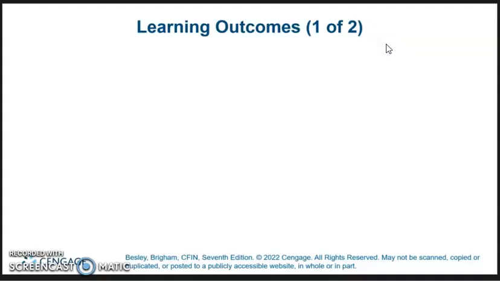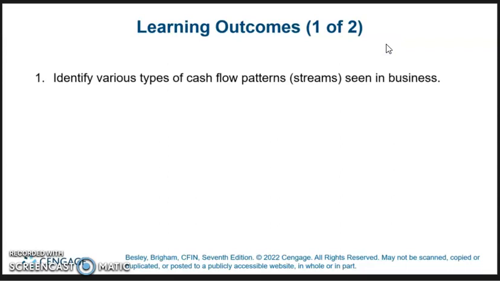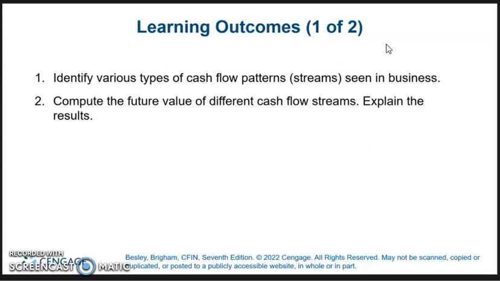So what do we want to learn in this chapter? We'll learn how to identify various cash flow patterns or streams seen in business. We're going to compute the future value of different cash flow streams and explain the results.